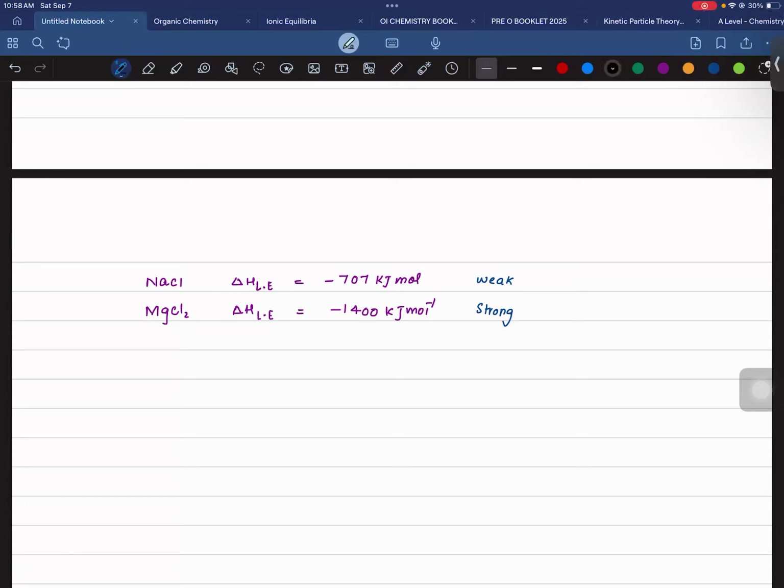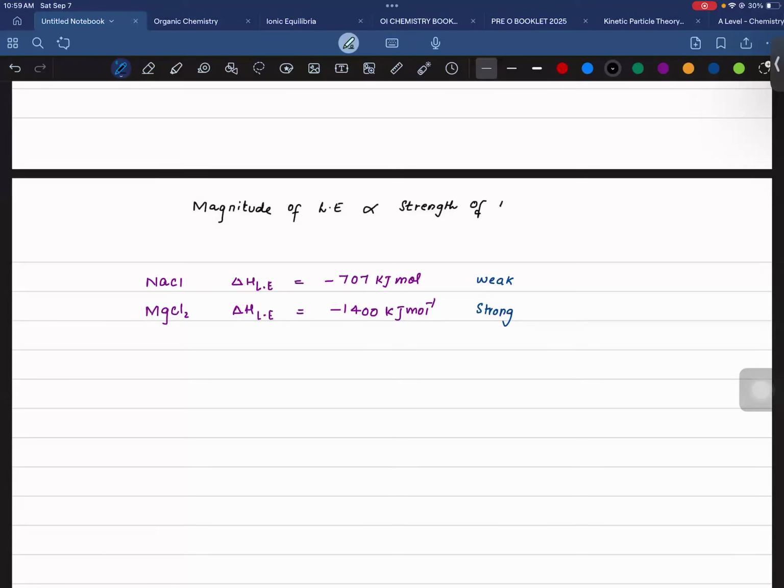As I told you, the magnitude of lattice energy, magnitude means the value, is directly proportional to the strength of the ionic solid.